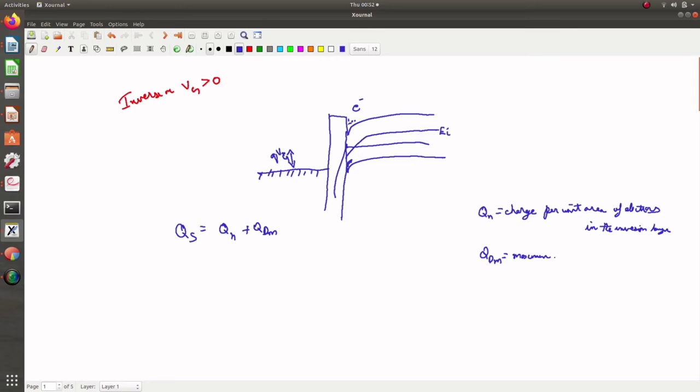We have an inversion layer here, followed by a depletion layer. So the total charge will be the sum of these two.